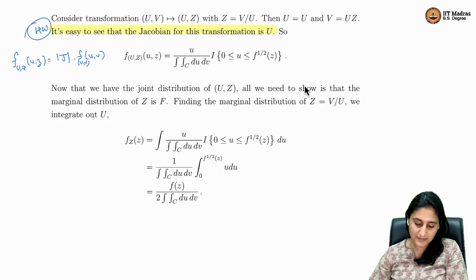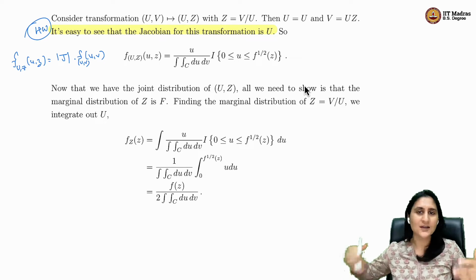Now I notice that even though this is just an integral, I'm writing this as integral of du dv, but this is just an integral, it's a constant. So I can pull that outside and I get this indicator means that u is only between this interval and it's 0 otherwise. So then this integral simplifies to just 0 to square root of f of z du, right?